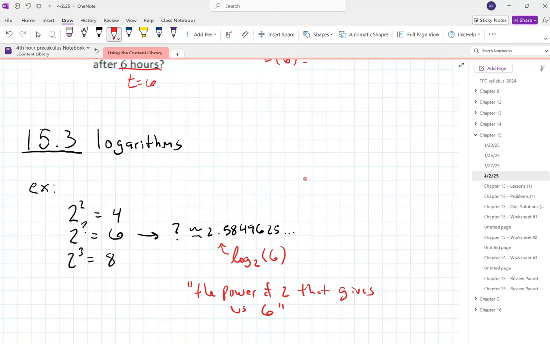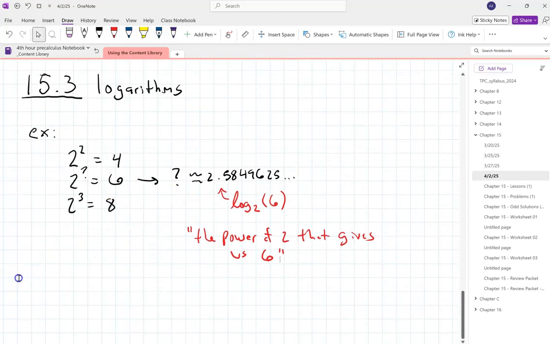That's kind of what that number represents. So that's what we mean by a logarithm. It's really like the answer to an exponential equation. It's the way we're going to write that number that is the answer to it. Does that feel okay?